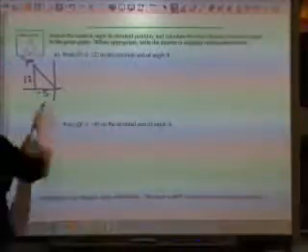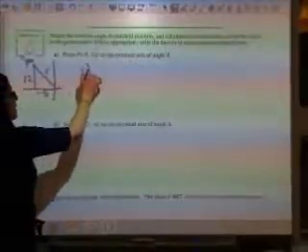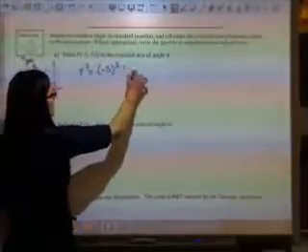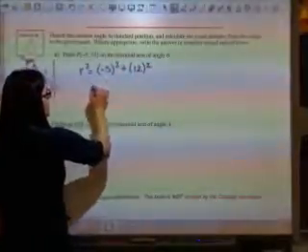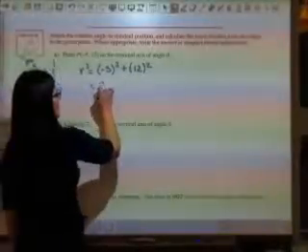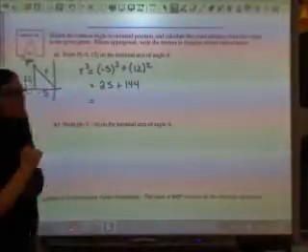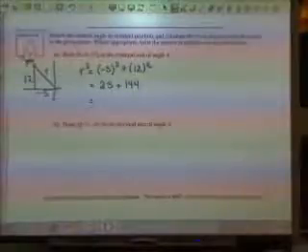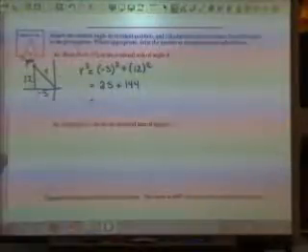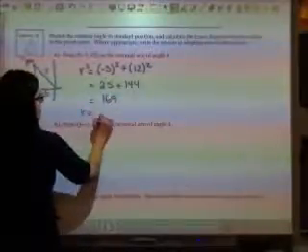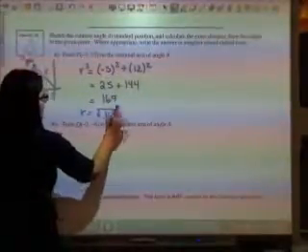So my radius, using the Pythagorean theorem, is -5 squared plus 12 squared. What is -5 squared? 25. And what is 12 squared? 144. And what's 144 plus 25? 169. So then r would equal the square root of 169.